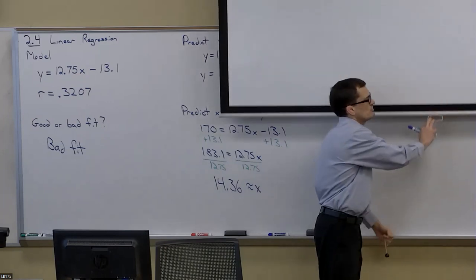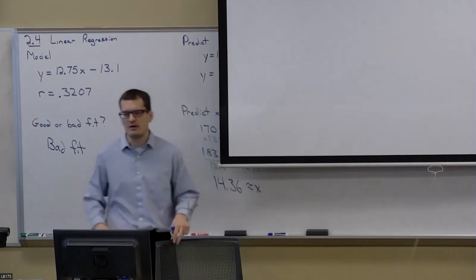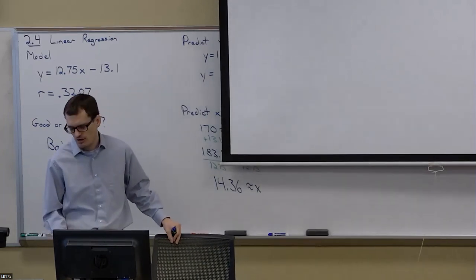By the way, I showed you one way on Excel to get the Pearson correlation coefficient. That was through the trend line on the graph.